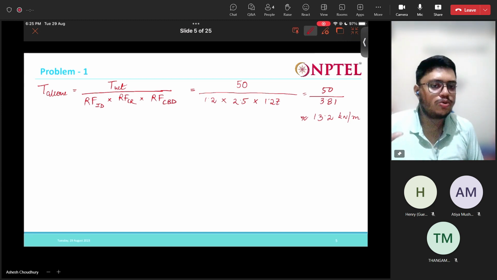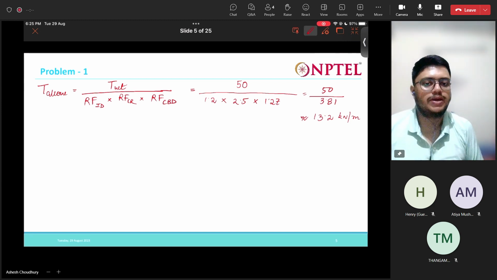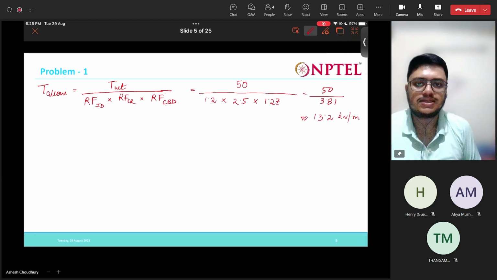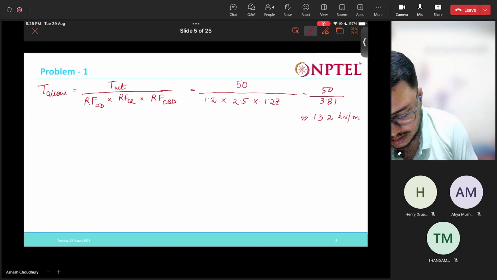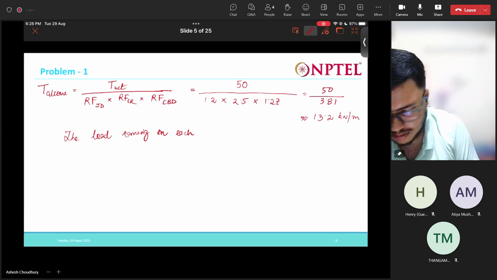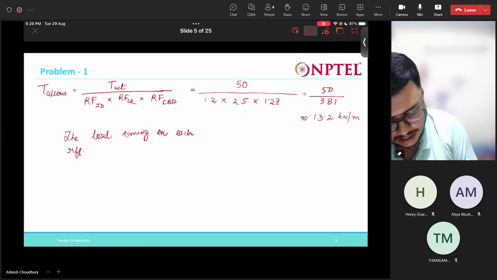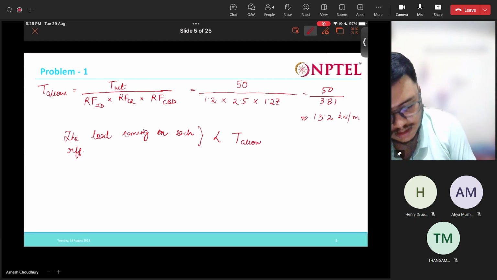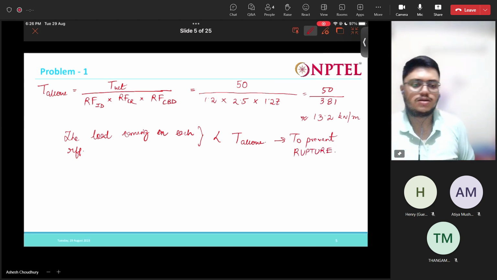And that should be less than the allowable tensile strength, isn't it?